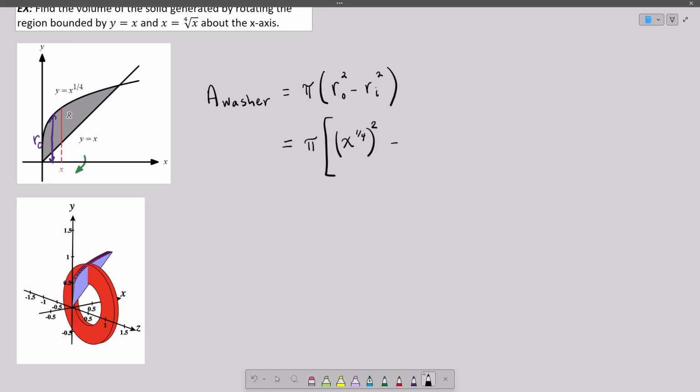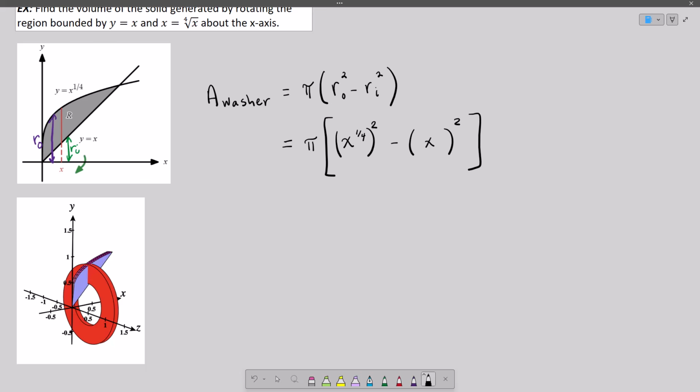And then the inner radius is going to be given by that distance right there. That y distance right there is going to be given by x. So this will be minus x squared. And then we have our area function at x.